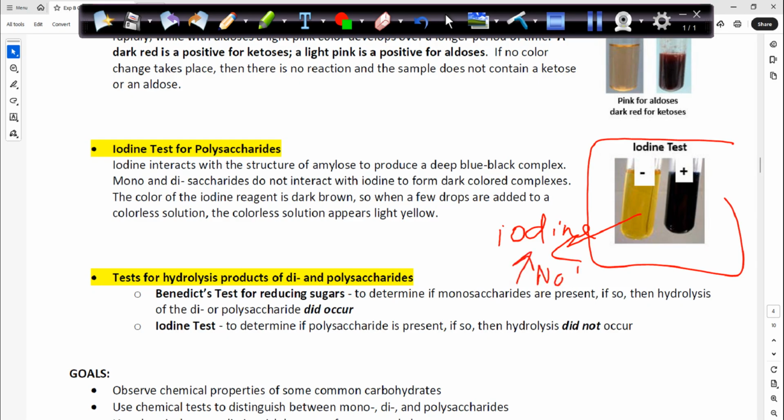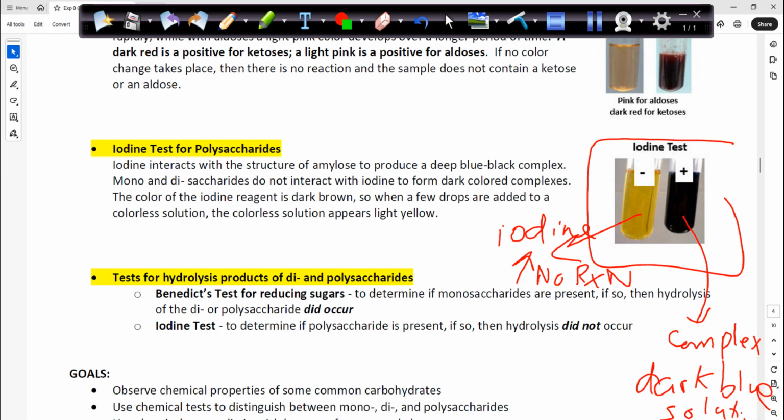No reaction. This one here is a complex. Dark blue solution. This is the reaction. So we can determine if we have a polysaccharide, because iodine will make a dark blue solution.